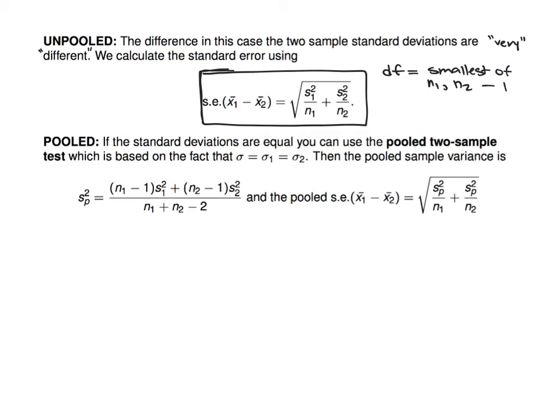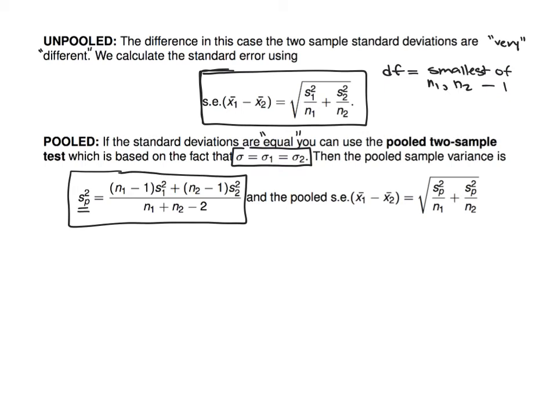And you can also sometimes pool the standard deviations together if they're equal, and I'll say equal in quotes again because they'll be close to equal. You can use the pooled two-sample test, which is based on the fact that the true standard deviations are equal. And you kind of do a weighted average of sorts by putting these things together.